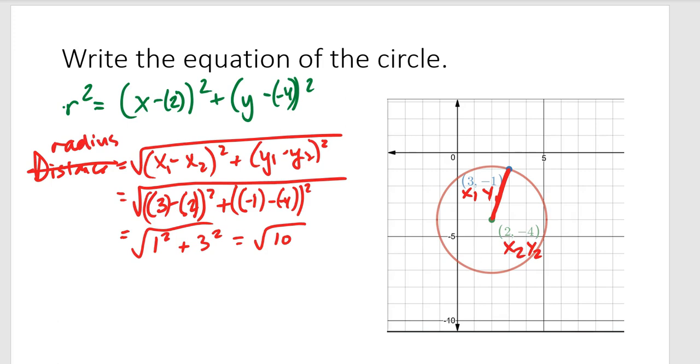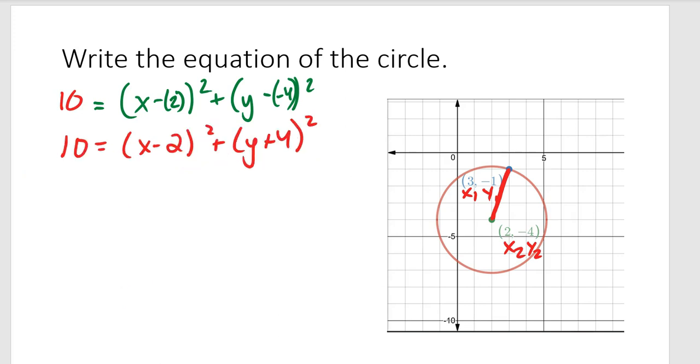So if we want r squared, then we would take the square root of 10 and square it. So r squared will simply be 10. So we'll replace that in our standard form equation as 10, because r squared is equal to 10. And we'll clean it up, and this is our answer.